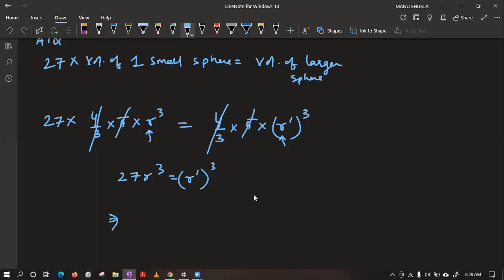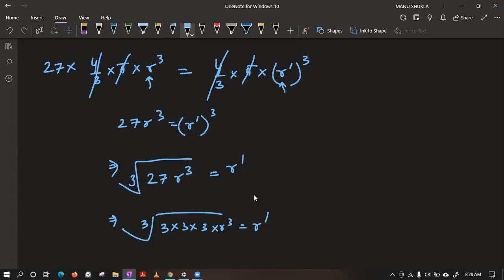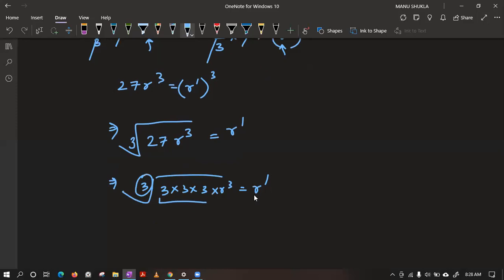So there are two ways. You can say r dash will be equal to cube root 27 r cube, and further solving this you will get 3 into 3 into 3 into r cube. As we have seen, the outside guard is 3. It will allow triplets only. So one 3 will come out, one r will come out.